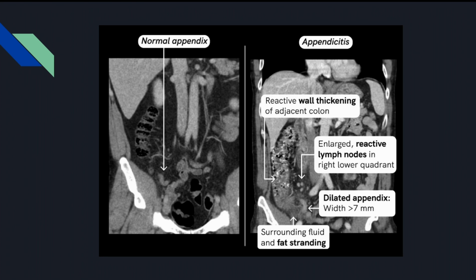So this isn't me, but this is an example of, on the left side, a normal appendix, and on the right side, you can see all the different things that are going on inside your body, which researching this stuff actually made me very cognizant of. It wasn't just my appendix that kind of got inflamed. There are a bunch of things going on in the surrounding area. And so obviously they look very different.